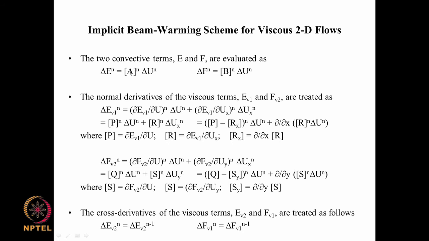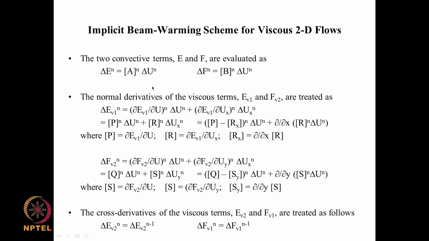Because A is dou E by dou U times delta U, so that gives you delta E, and B is dou F by dou U times delta U, so that again gives you delta F. It is a rewriting of these nonlinear and coupled terms in this way, where the primary variable u i n plus 1 is coming out unscathed in an implicit form, but the coupled coefficients and the nonlinear coefficients are evaluated based on the previous time step values, which we know.